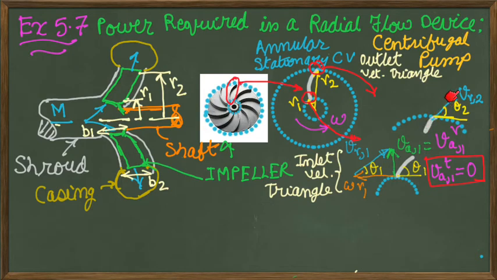The relative velocity with which the fluid is leaving is VR2, and here again the impeller is rotating in anti-clockwise direction. So we have omega R2 from right to left as shown here. So this is VR2, this is omega R2.